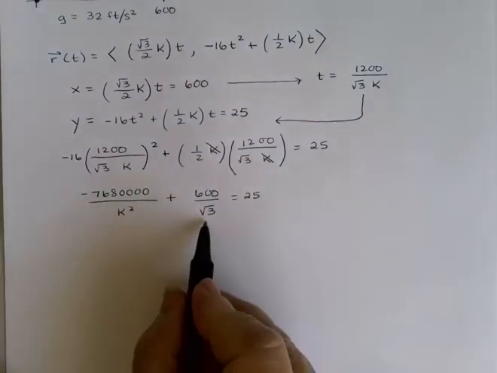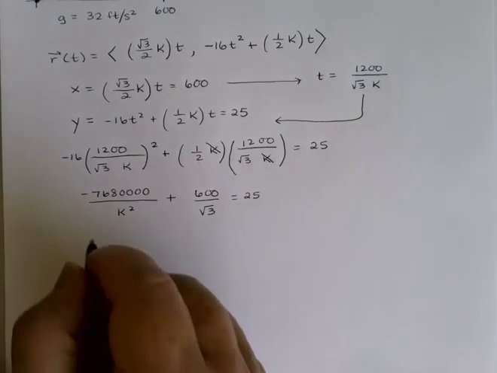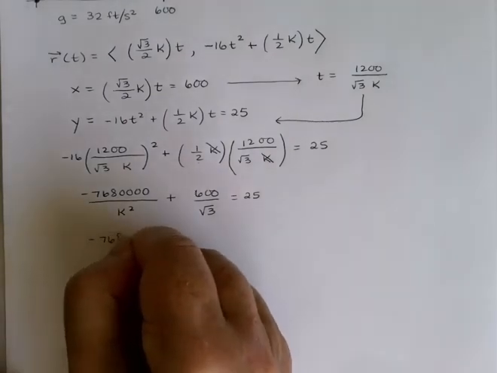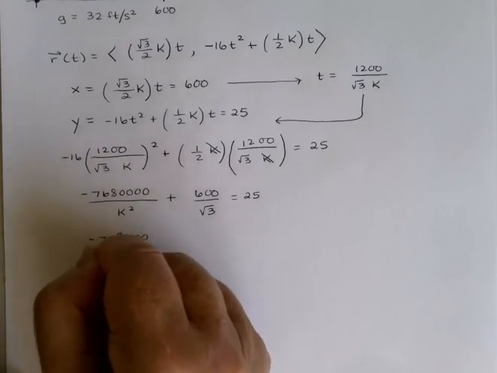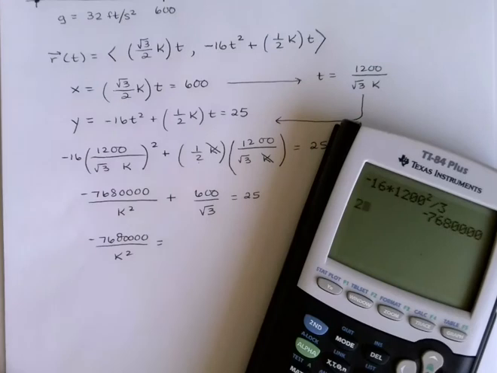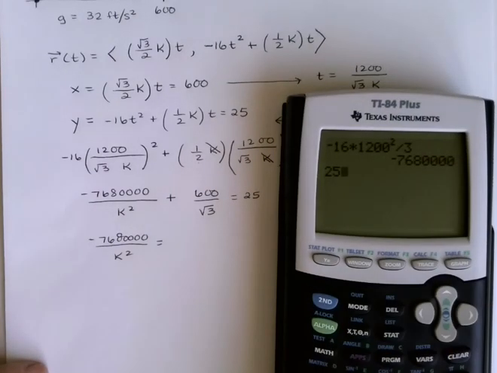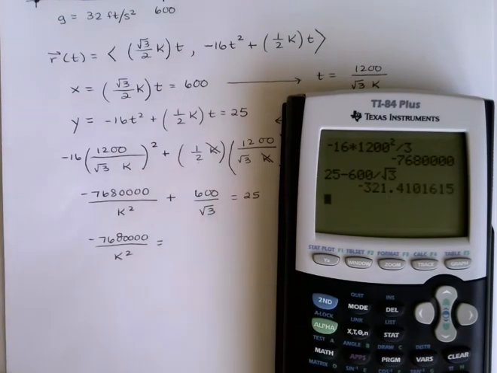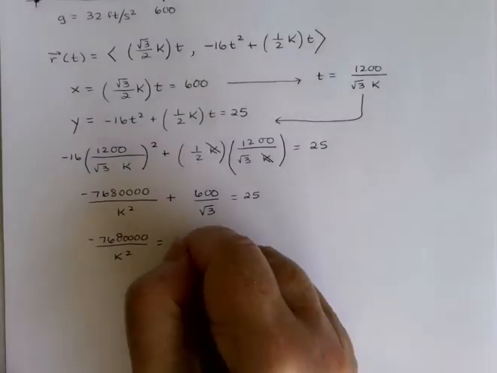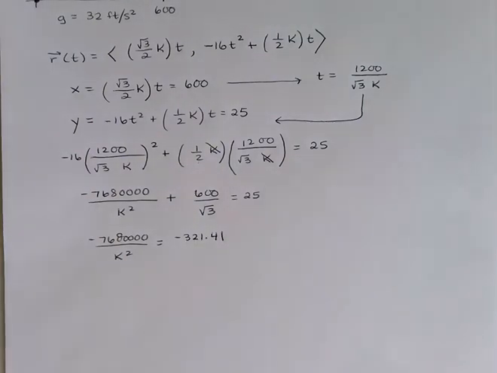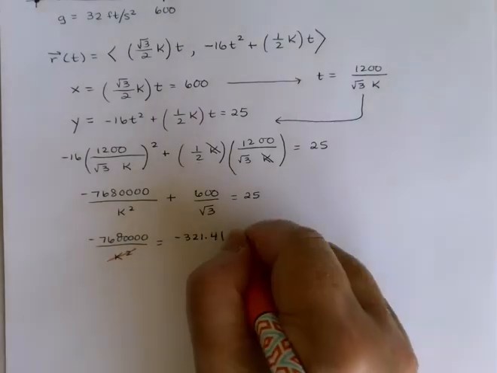I'm going to subtract this constant. I'm just going to go with the decimal there. So 25 minus 600 over the square root of 3. I can multiply both sides by k squared, which will just bring it over here.